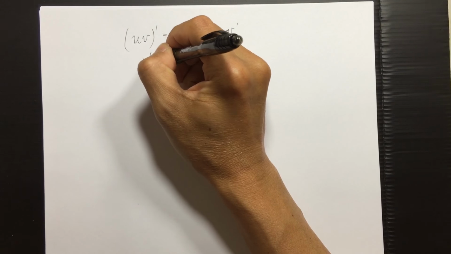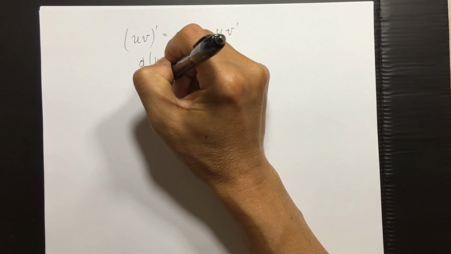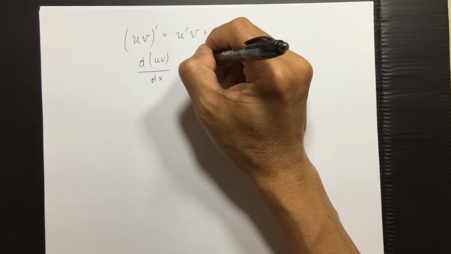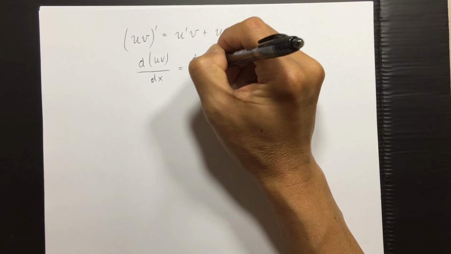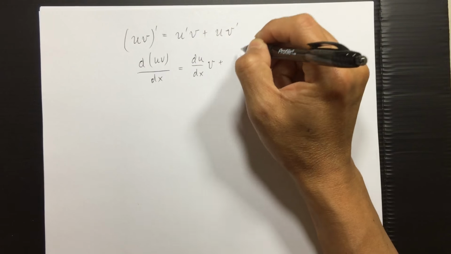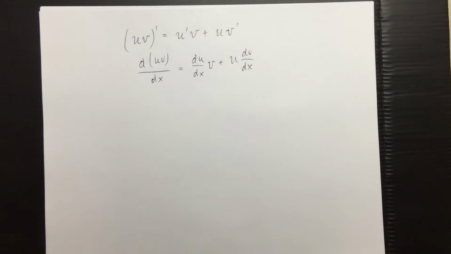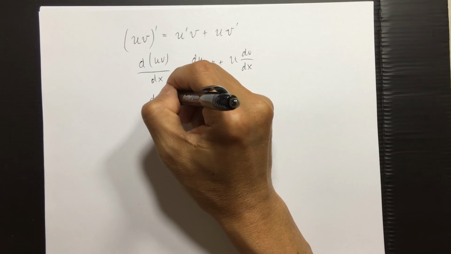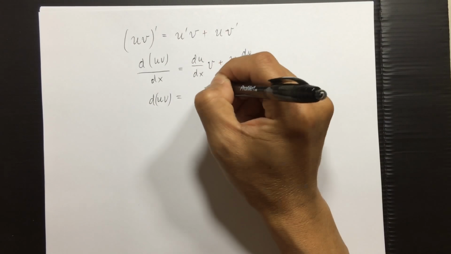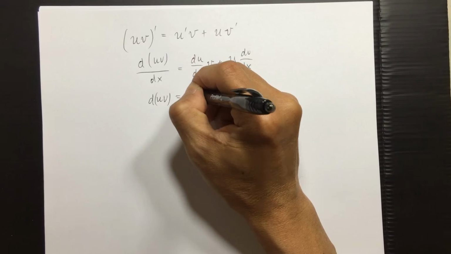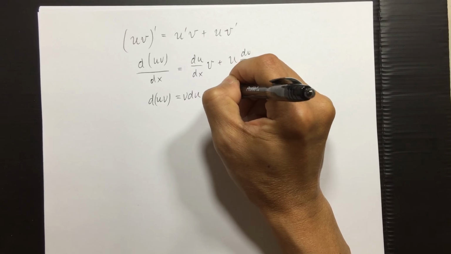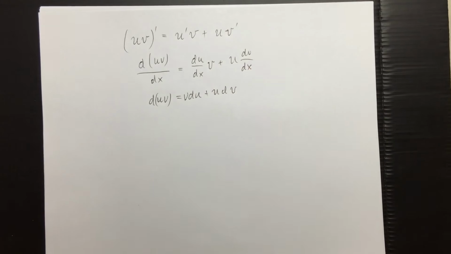If I write this out, d(uv)/dx equals du/dx v plus u dv/dx, right?